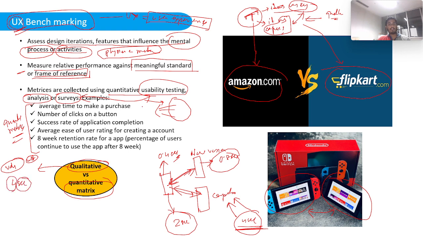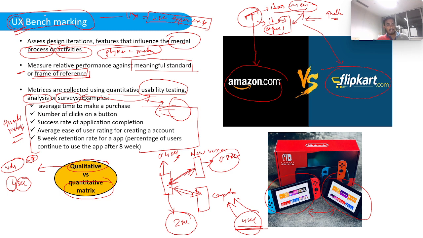Now when we are talking about user experience, we discussed previously the various factors or primary features of usability, which are like learnability, effectiveness, ease of use, etc. Those are qualitative in nature, but we need to identify some way how we can actually measure those.